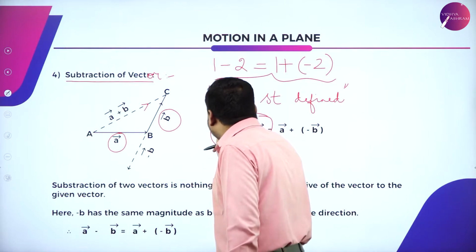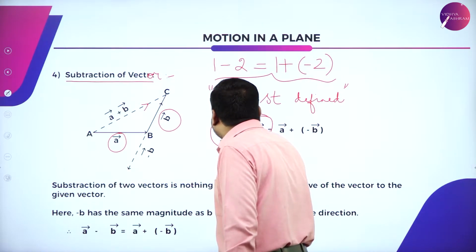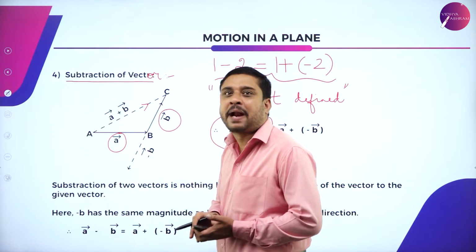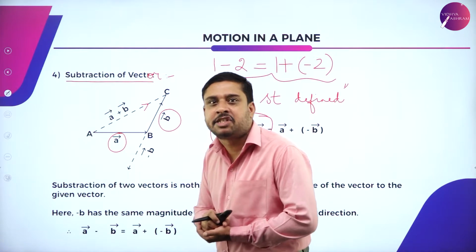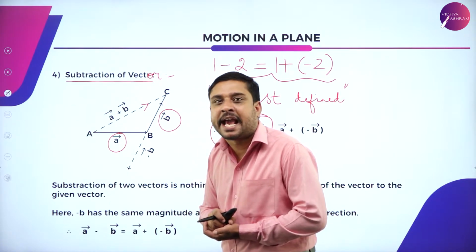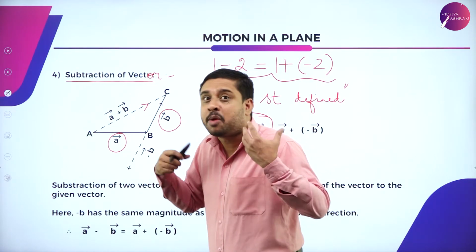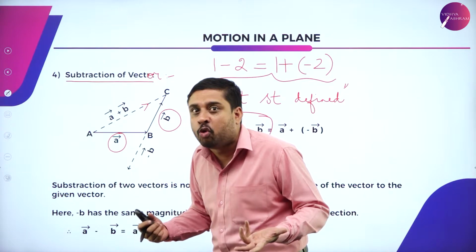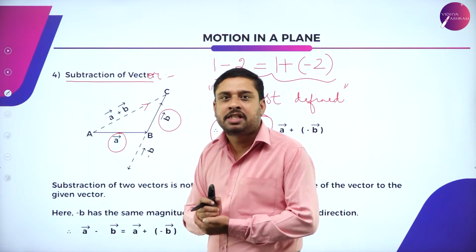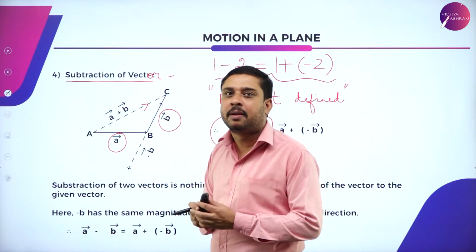You cannot subtract two vectors directly. Subtraction of vectors is not a defined operation. Then how do I do? Is it not possible to subtract two vectors? I told you it is not a straightforwardly defined operation.